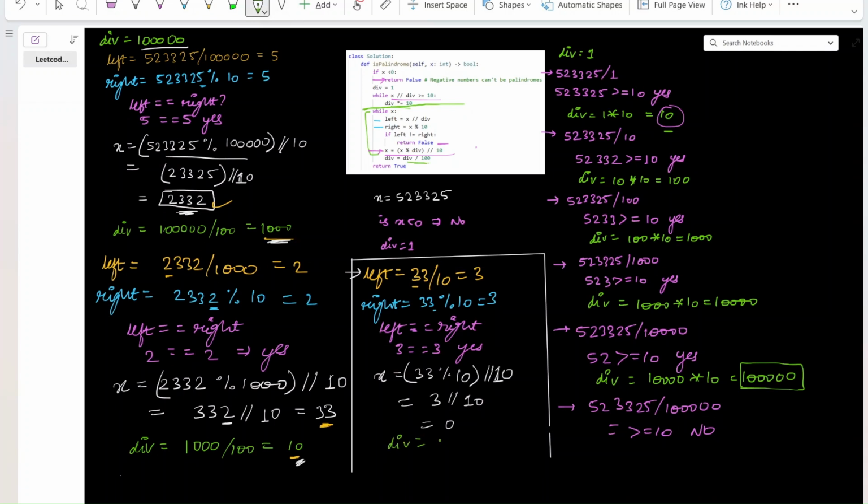So div will be equal to current div divide by 100, which is equal to 1 by 10. Now again, when we go to our while loop, while x, so x is 0, so while 0, and the loop will stop. Because the loop has stopped, we can say we are just returning value true, and we are saying this number is a palindrome.